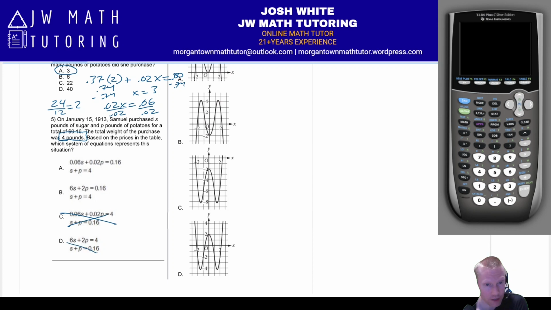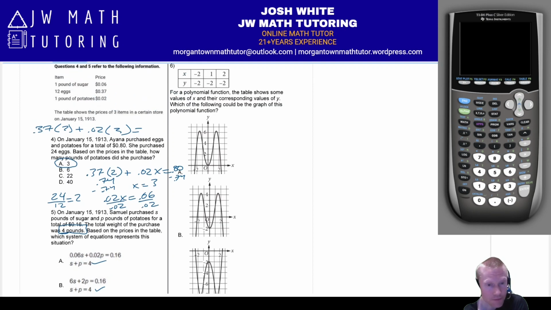So we can get rid of this, we can get rid of this, because these both have it in them. Now the question basically comes, what about the other equation? This one is dealing with the price. So 16 cents is the total price that was paid. And the way we would find that is we'd multiply the price of each item times the number of pounds. So if we just scroll up here to look at the table, we can still see the answer choices below.